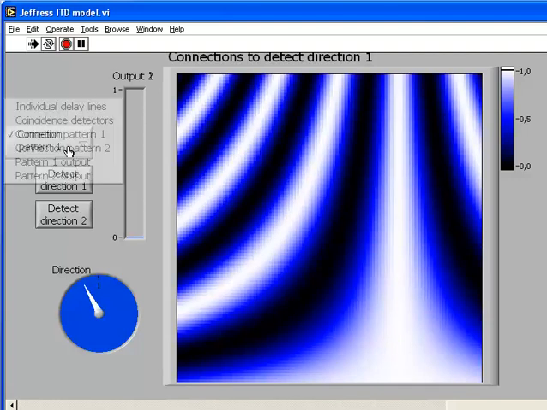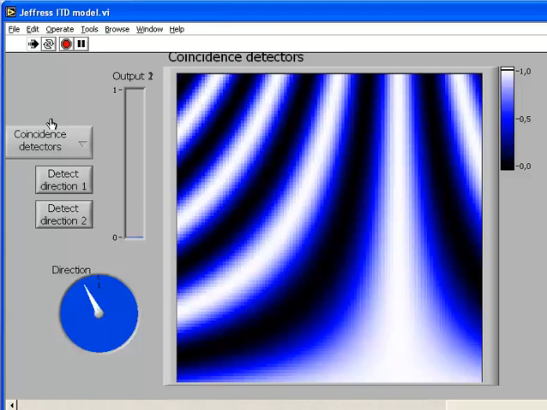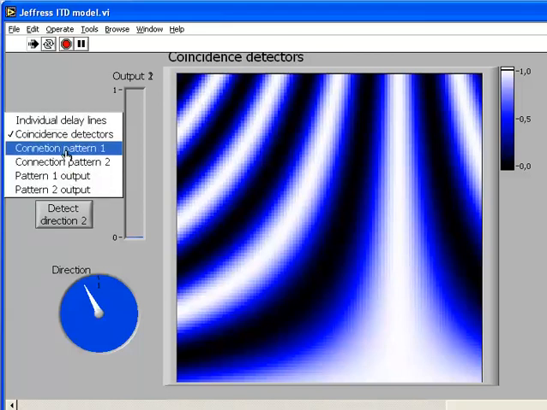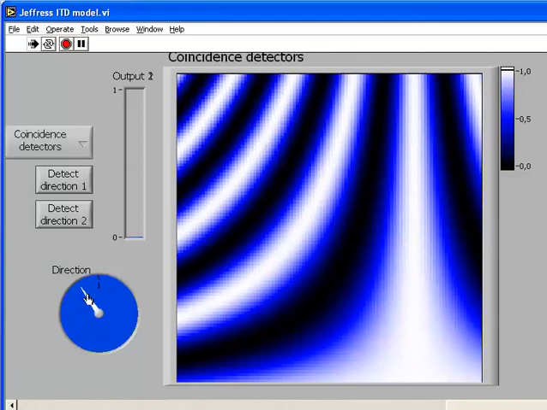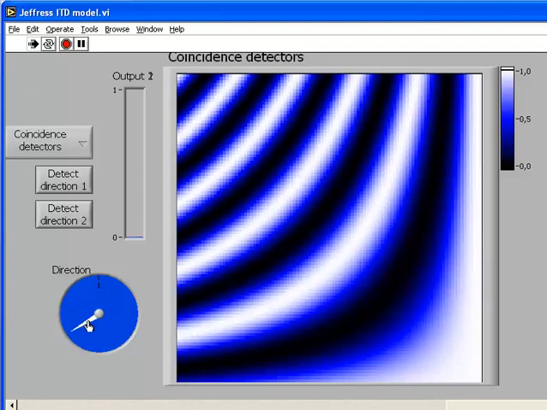So now the actual input pattern and the connection patterns are the same. But when I move the sound, the connection pattern, of course, doesn't react to this because it has been trained once. The input pattern obviously does react to it.